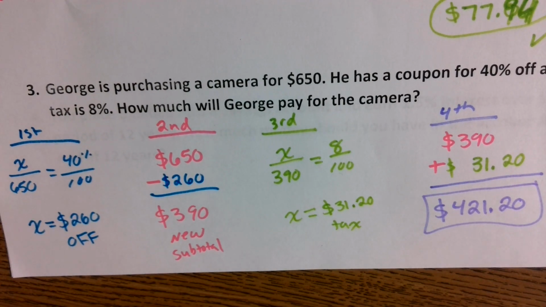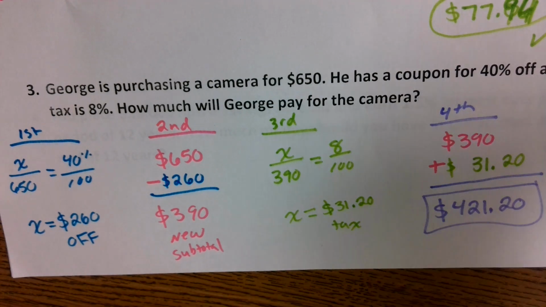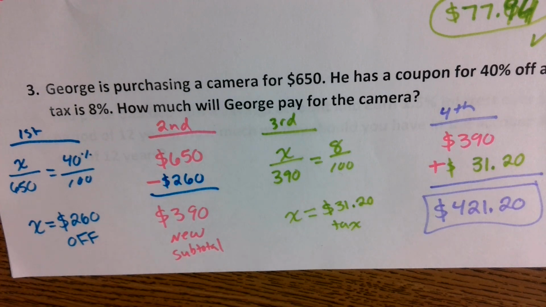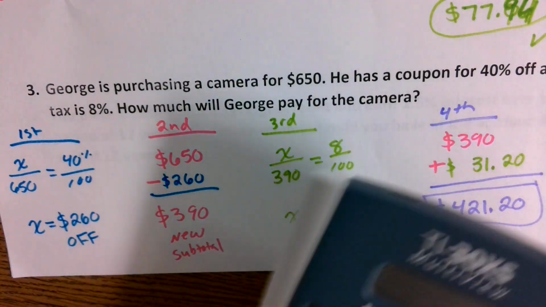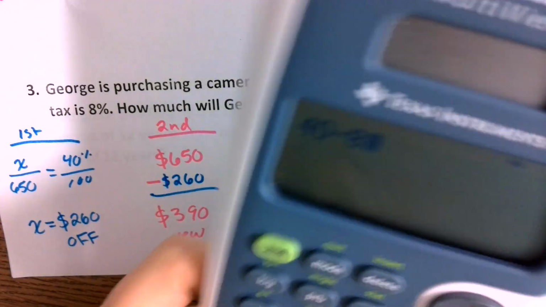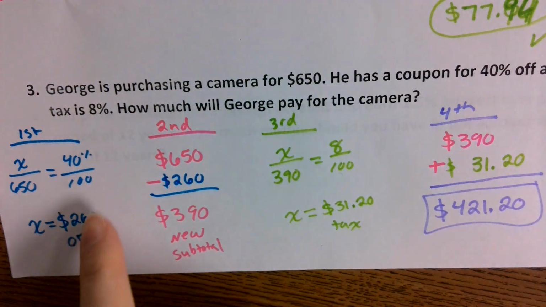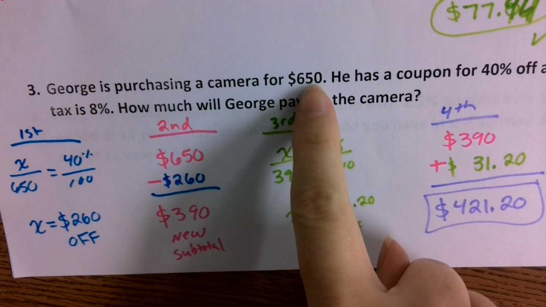Yes, ma'am. Couldn't you get like the tax and the coupon and like subtract the percentage of the tax? Let's try that. Let's see if we do 40% and we subtract the 8%, that's 32%, right? So you're saying that we could just do 32% off of 650, right?